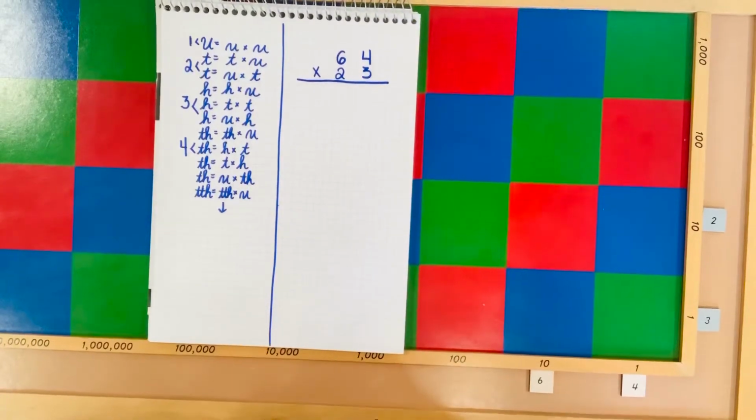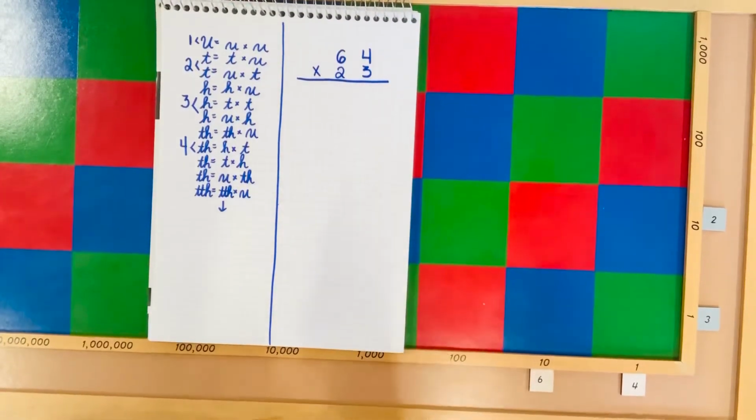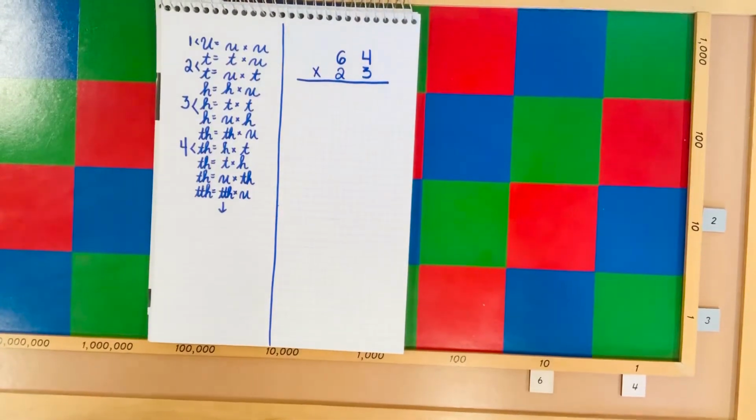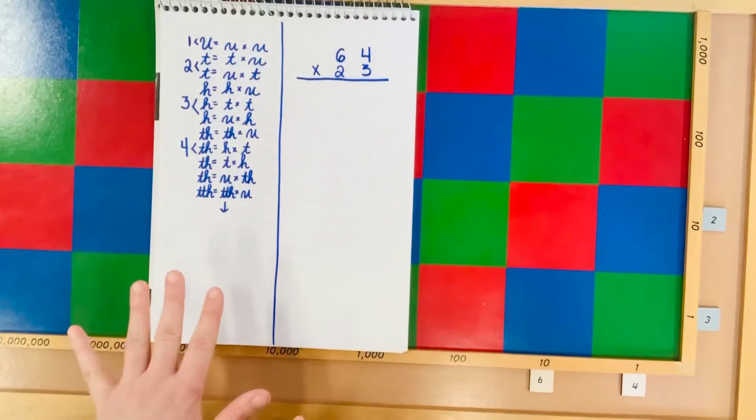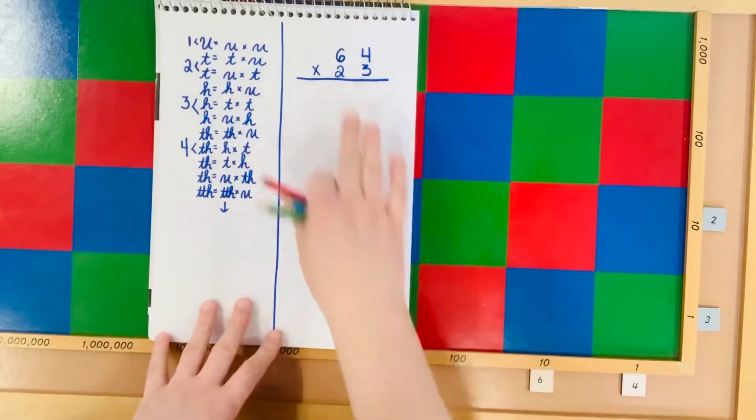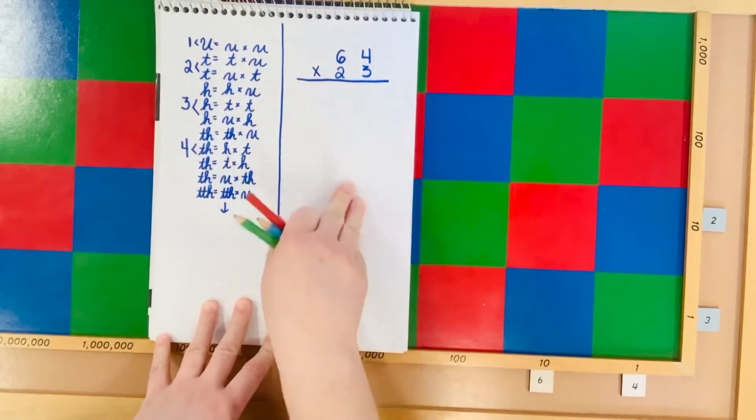Okay, 64 times 23. And using our chart, kind of like to call it my magic chart, using our chart from the previous lesson, we're going to find how many ways there are to get the answers underneath here.